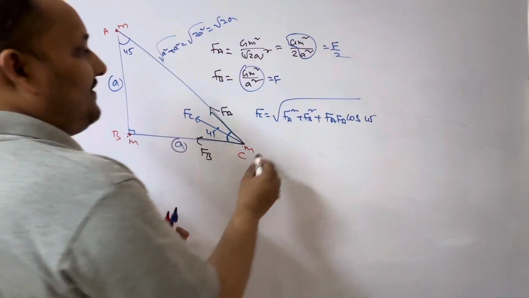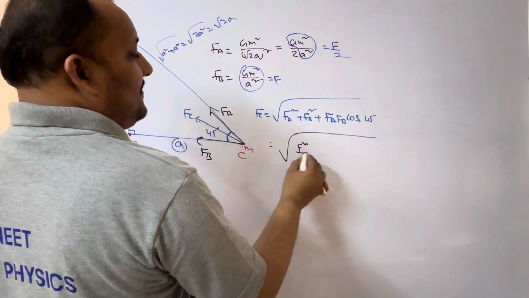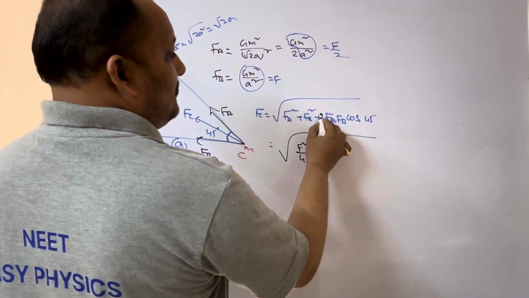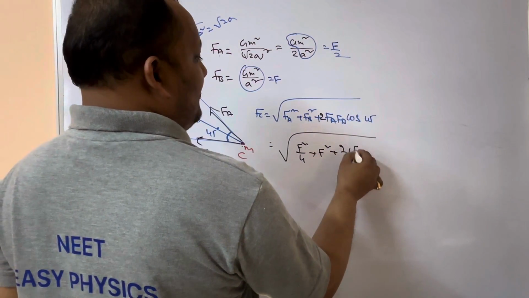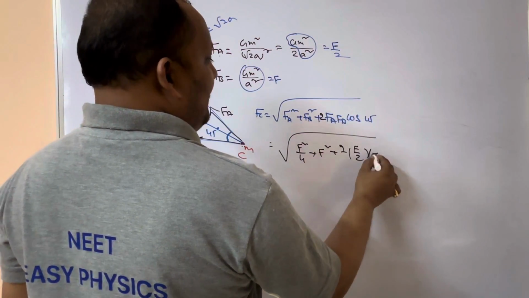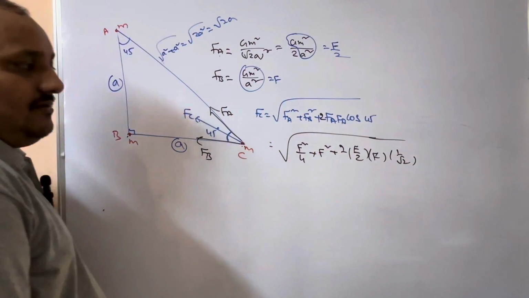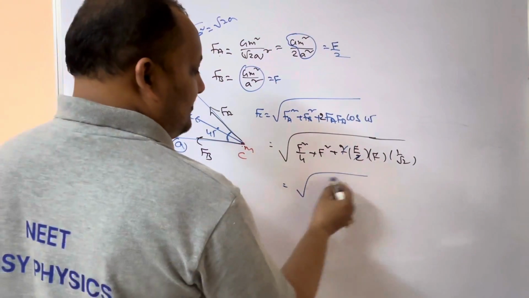What is the cos 45 value? FA is F by 2, FB is F, and cos 45 is 1 by root 2.